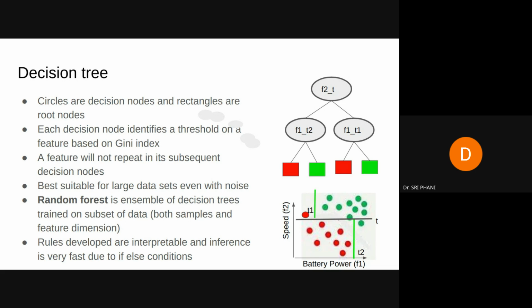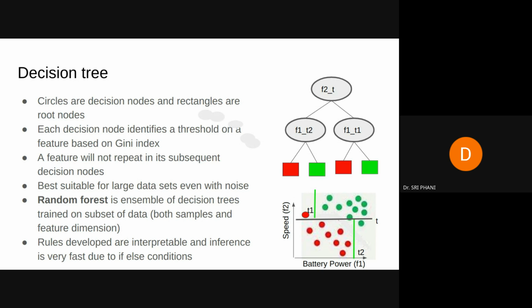Whenever all the samples are from the same class, the impurity will be 0, right? So it will be a completely pure subspace, and that final stage is termed a leaf node.